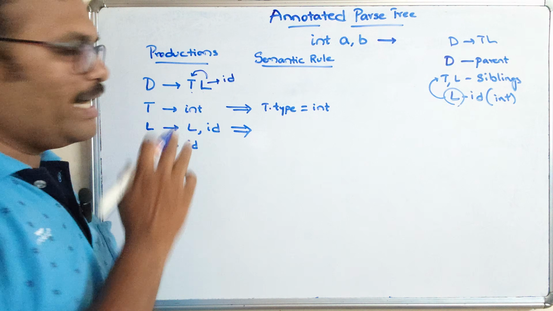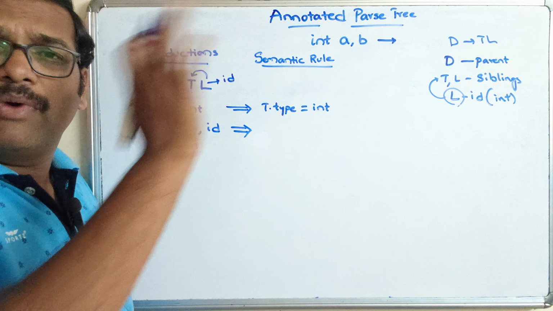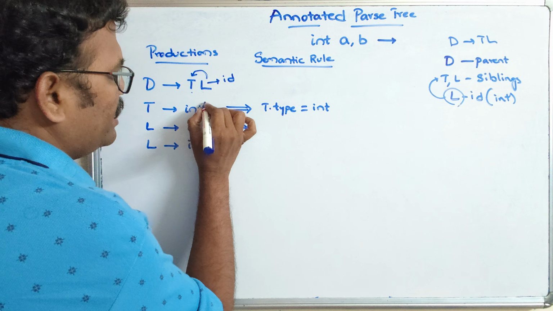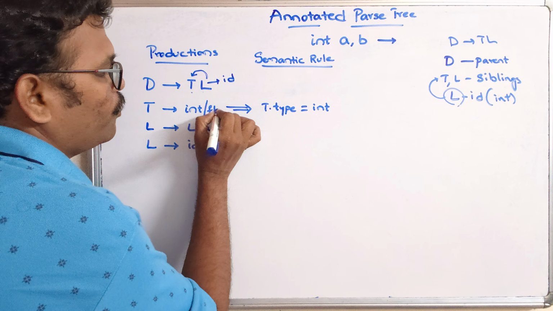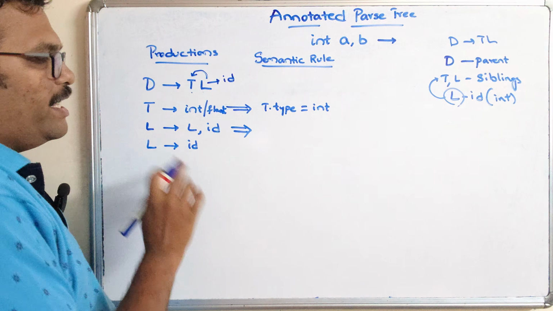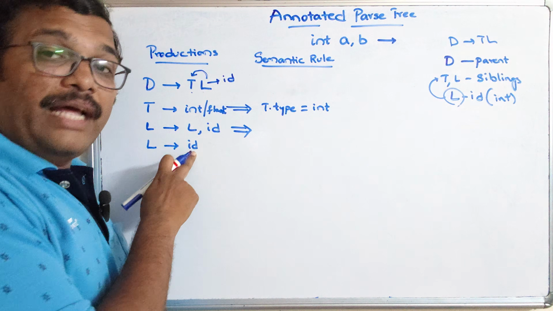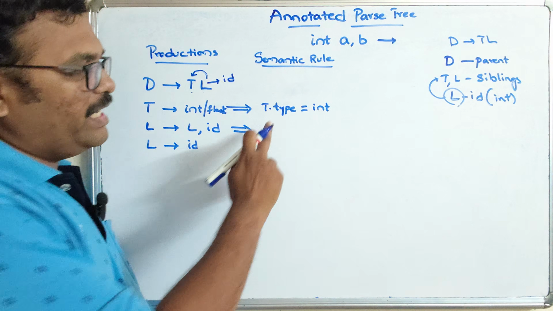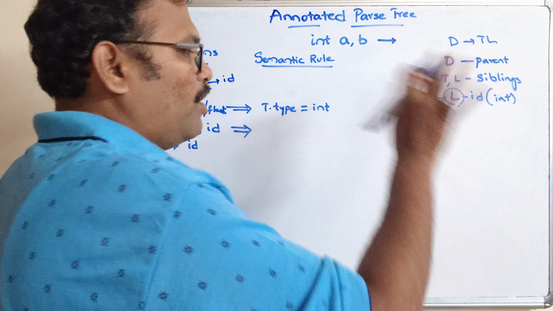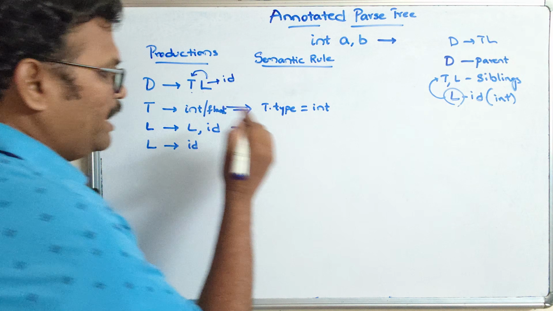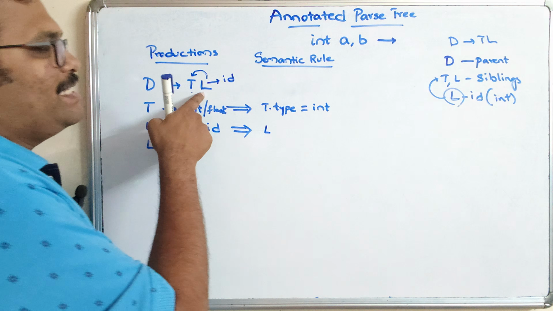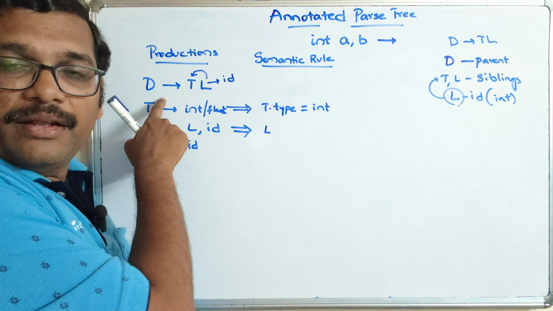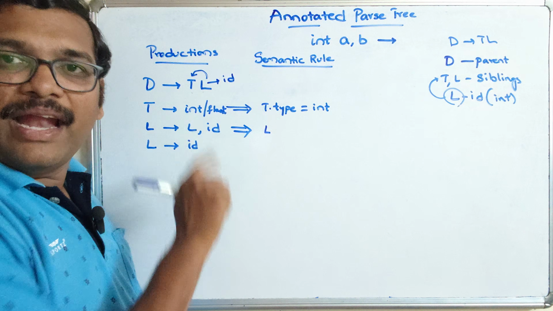T is a data type, integer or float or double, whatever it may be. So you can also write T tends to int or float. The identifier depends upon the data type, which is T, so T.type is equal to integer or float, whatever it may be. Here L depends upon a sibling, not a parent, so this is an inherited attribute.